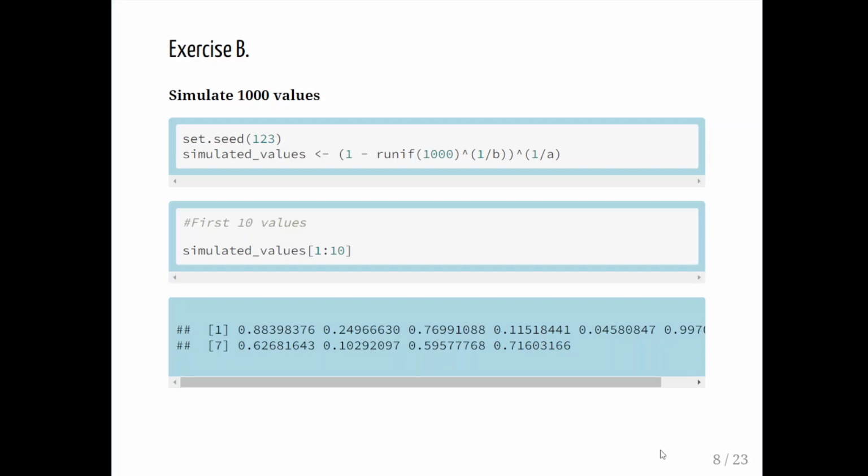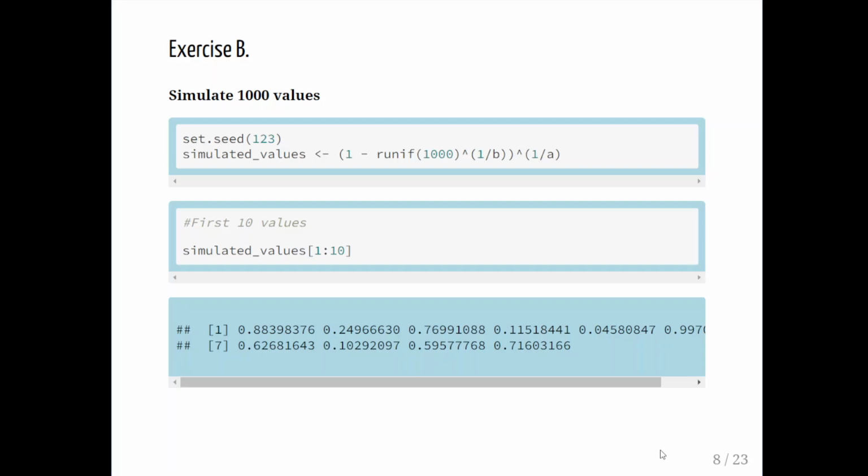Well, not exactly the same command. We are going to use runif as our input. That's random numbers from the uniform distribution, and we have 1000 of them. Where we had u previously, we're going to put in a vector of 1000 uniform random numbers. Because of the set seed, 1, 2, 3, they're going to be consistent for each iteration.